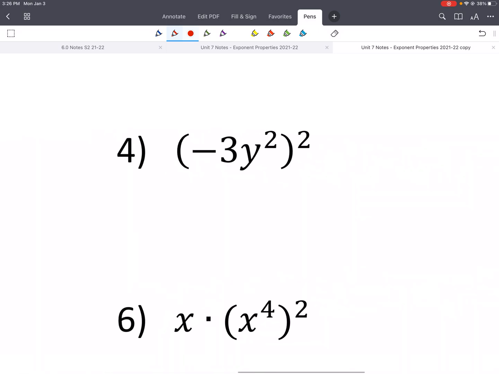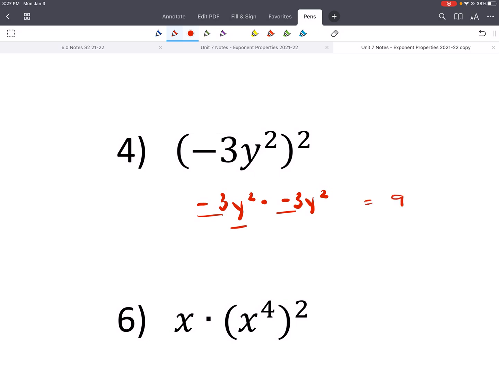Here's another example. So we're going to square -3. Again, if you prefer, you can expand these. Sometimes I feel like a power to a power leads maybe to expanding, but you could do -3y squared times -3y squared. And then we can evaluate. So -3 times -3 is a positive 9.